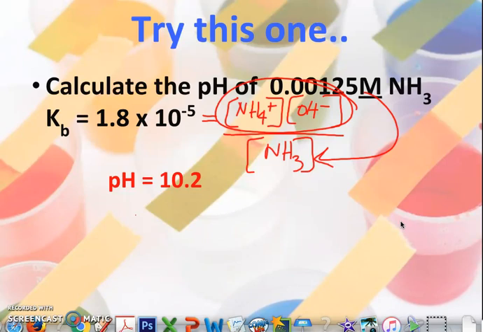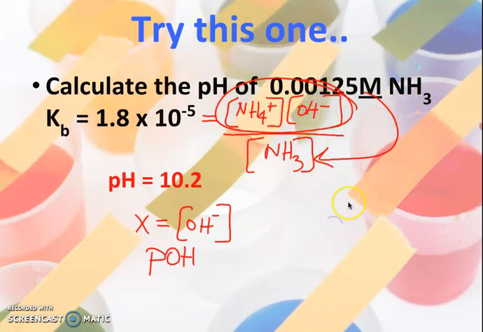What makes this one tricky is that when you solve for x, that gives you an OH minus concentration. So if you take negative log of this, that gives you a pOH, and then you'd have to subtract from 14 to get that into a pH. Only tricky thing you've got to watch for is if you're dealing with Kbs, it is a hydroxide concentration that you get directly. Then you just got to watch for getting that into a pH.